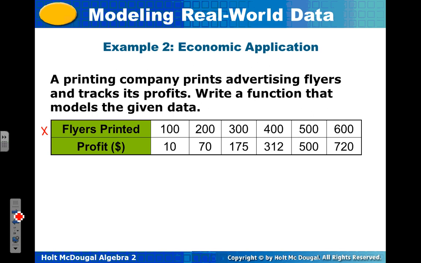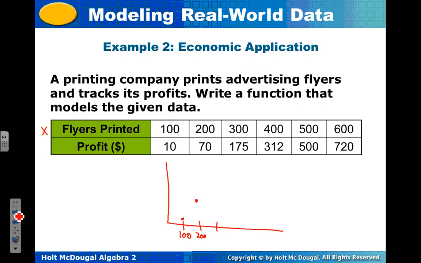Now, if you're going to make a scatter plot of this data, you've got to just sketch. For instance, the first set of flyers is 100, and they printed 10 flyers, so I'm just guesstimating. And then the profit was $10. And then there were 200 flyers, and the profit was $70.